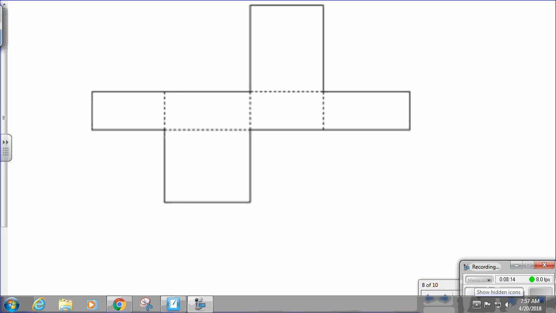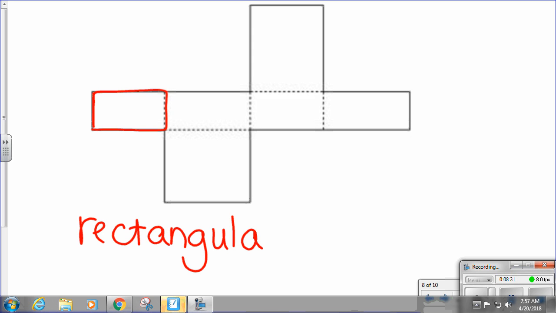And the last one, is this going to fold into a pyramid? No, it's going to be a prism. What kind? Rectangular. Yes, it's a rectangular. These are the sides. Rectangular prism.